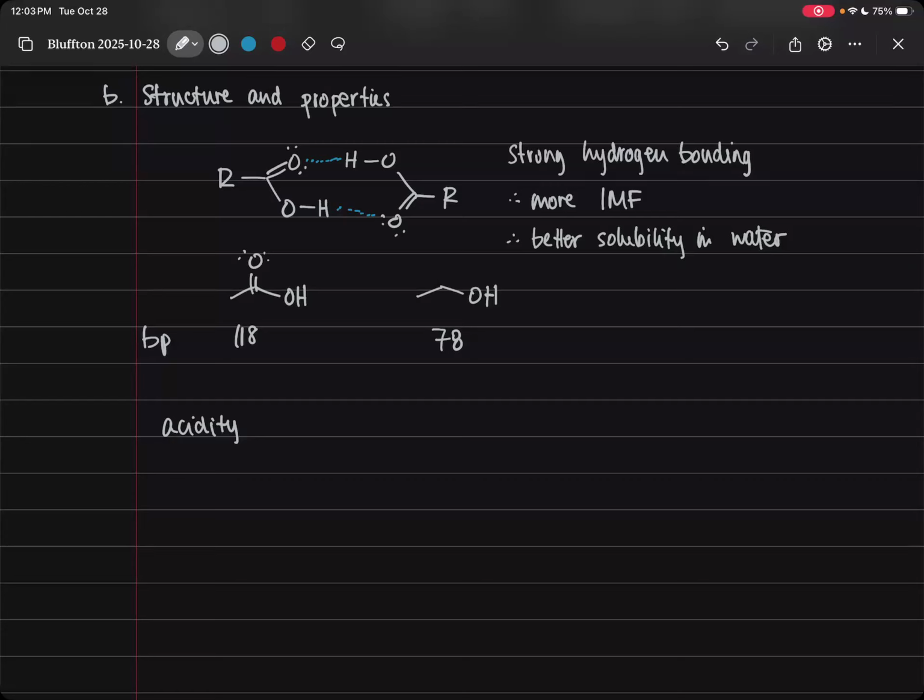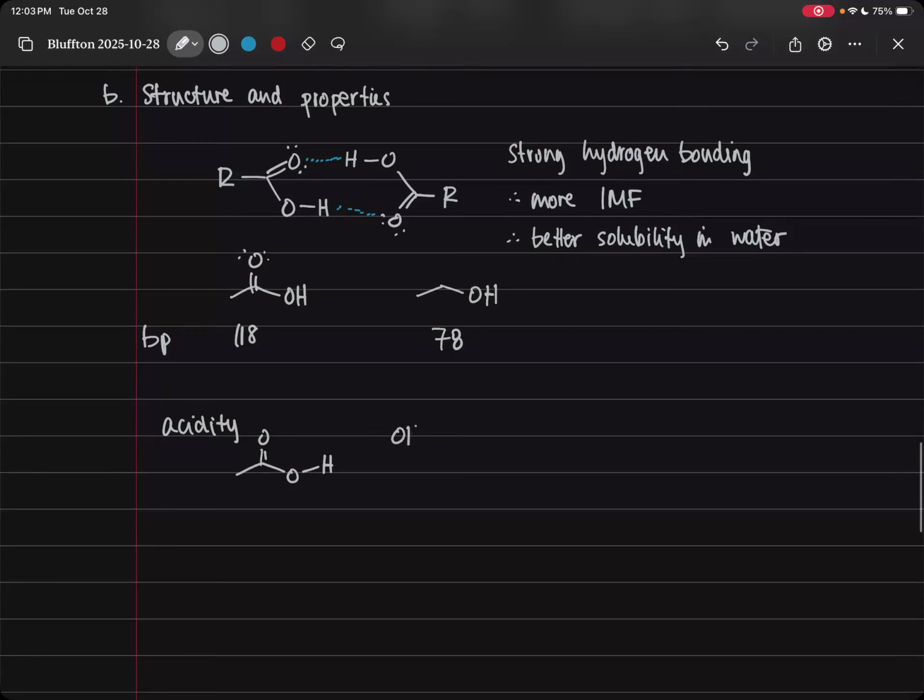Okay, we haven't really mentioned this, but they're carboxylic acids, so they better be acidic, and they are. So if we take acetic acid and let's say we treat it with some sort of base, maybe sodium hydroxide, we can deprotonate the acidic hydrogen with our hydroxide.